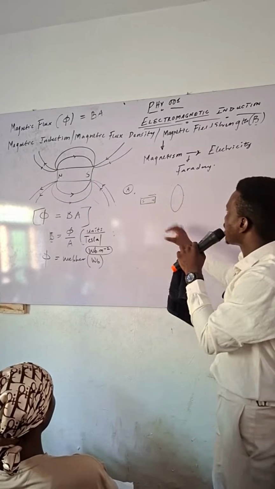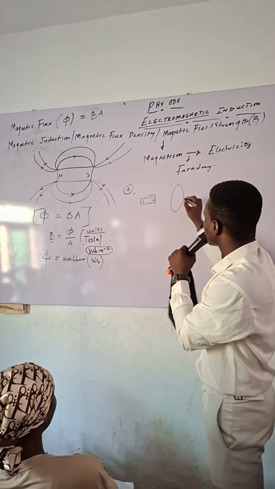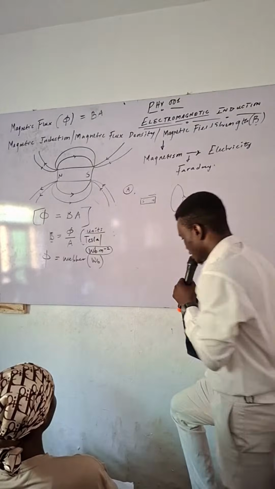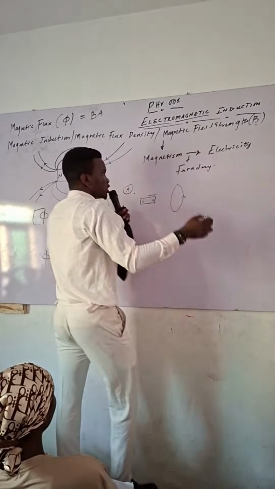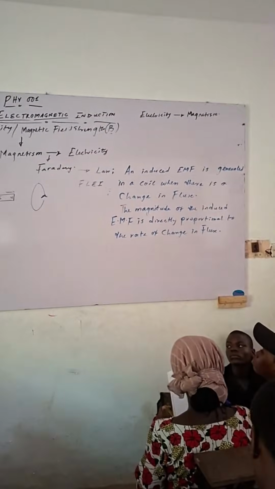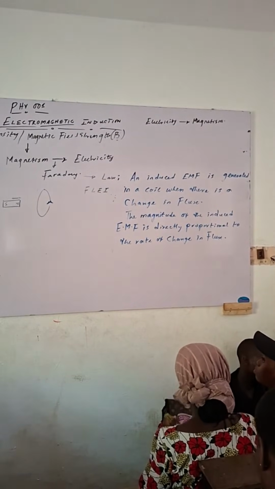Now, when this enters the coil, there will be current flow. Faraday now states, in his first law, look at this: same magnets of equal strength.